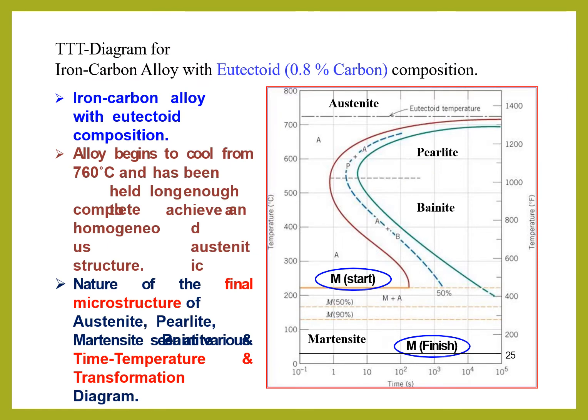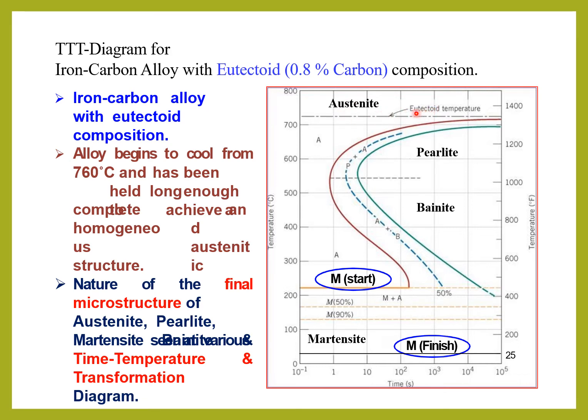Here three parameters are involved in this experiment: time, temperature and transformation. Because of this we call it a TTT diagram. Above 723 degrees centigrade, it is entirely austenite.